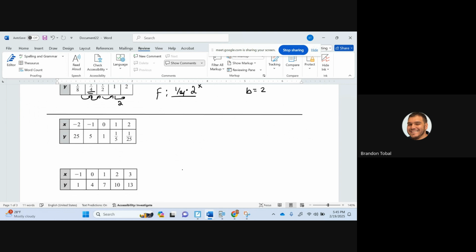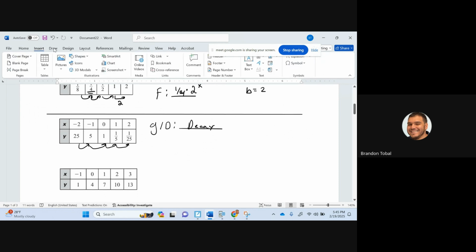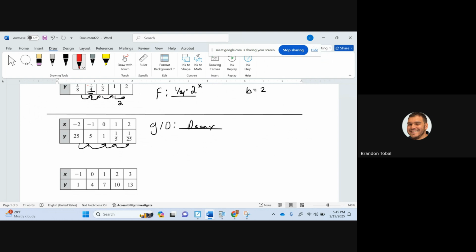Next one, growth or decay. In this situation, as I go forward, it looks like I'm getting smaller and smaller and smaller. So that is a decay. If you ever need help finding the rate of decay, sometimes we can simply go backwards. So 5 divided by 25 equals 1 over 5.